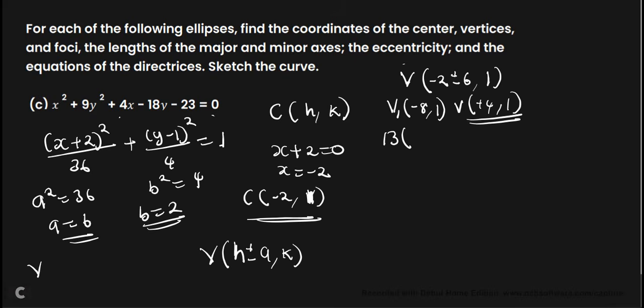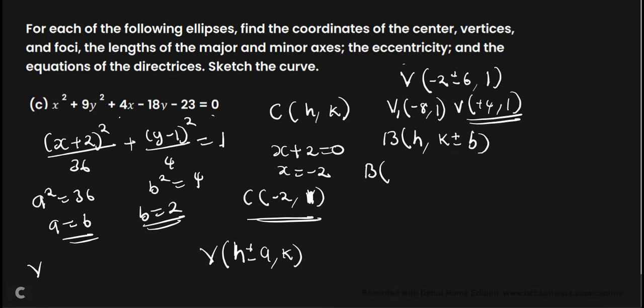So in this situation, you have h comma k plus or minus b, like that.